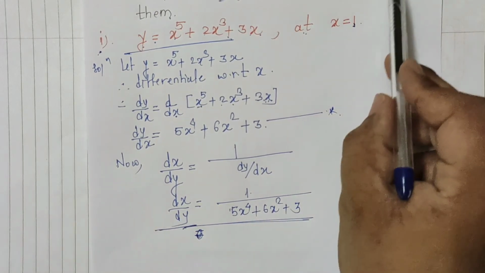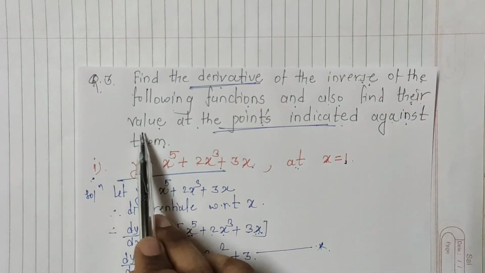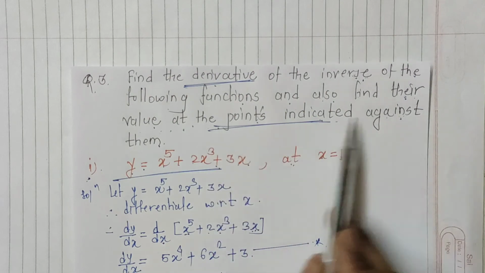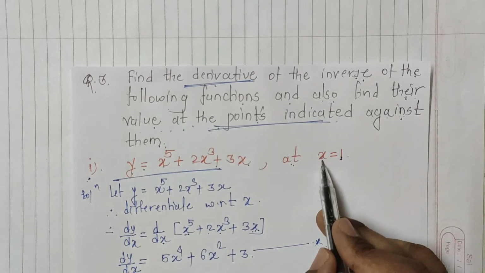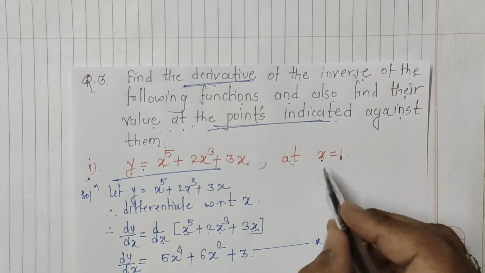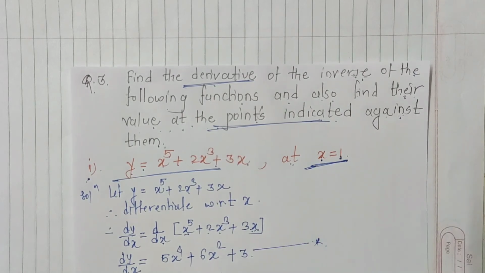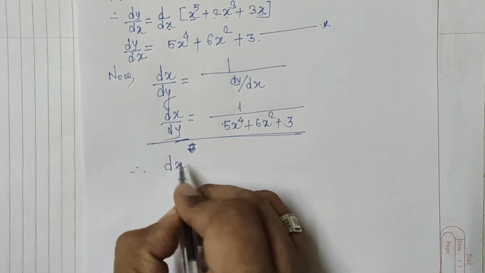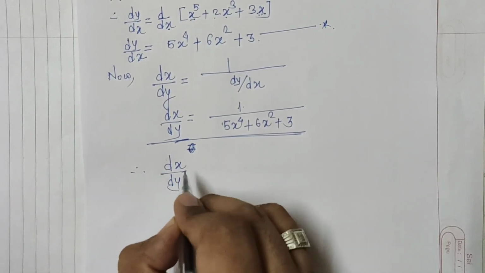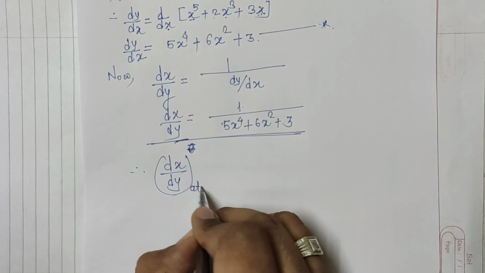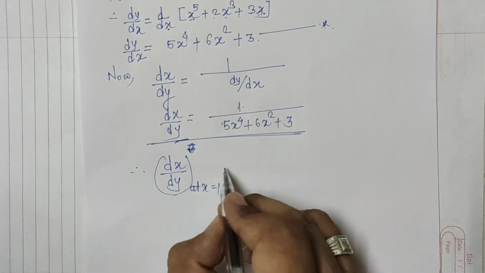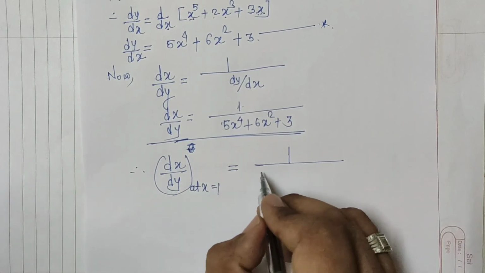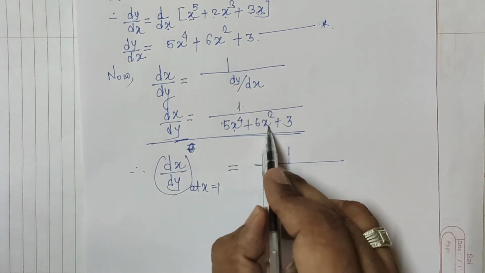Then the next part is that you have to find the derivative's value at the point indicated against them. Means you have to find its value at the point x is equal to 1. So we have to find the value of dx upon dy at x is equal to 1, which is equal to 1 upon 5 into 1 raised to the 4th power plus 6 into 1 square plus 3. Where x is present, just put the x value 1.